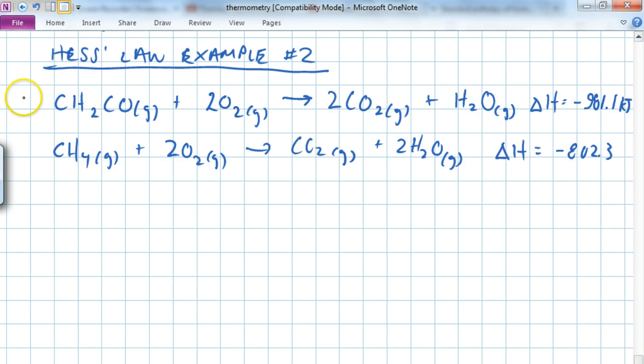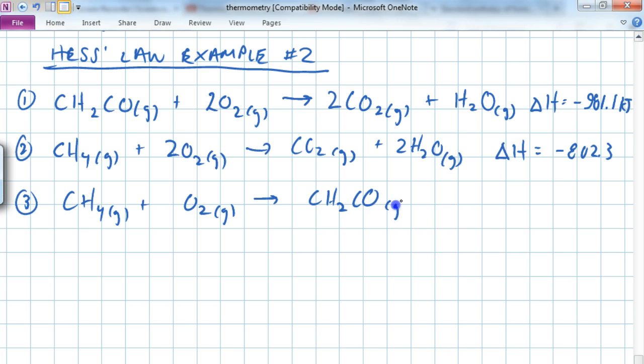So let's call this 1, call this 2, and then 3, the reaction of methane and oxygen to form ketene and water. Now you can see that this is not either of the above reactions.